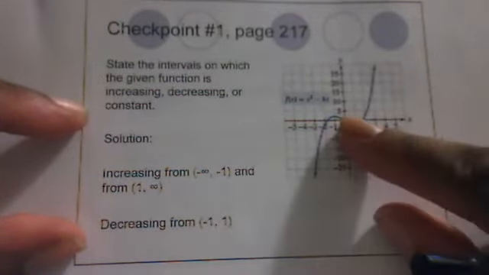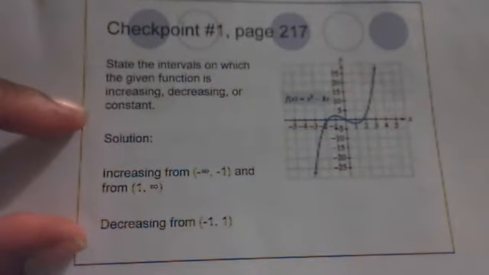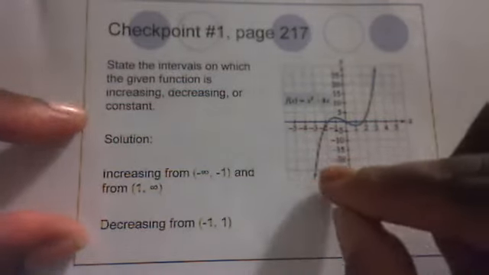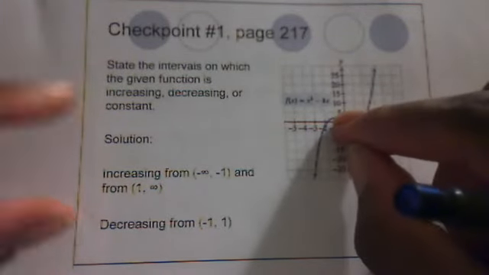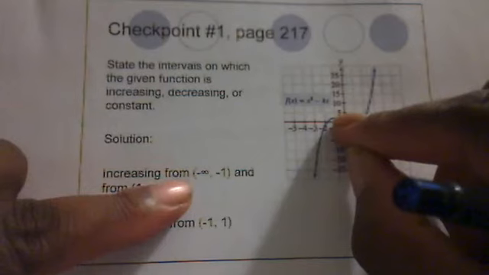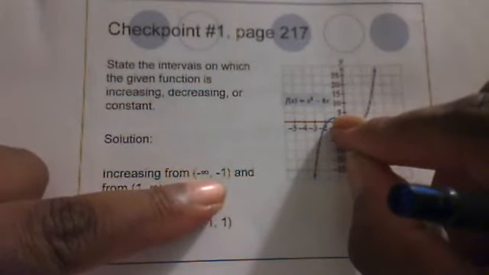Now keep in mind we're only dealing with x values, not the y coordinates. So it's increasing on the open interval from negative infinity to negative 1.